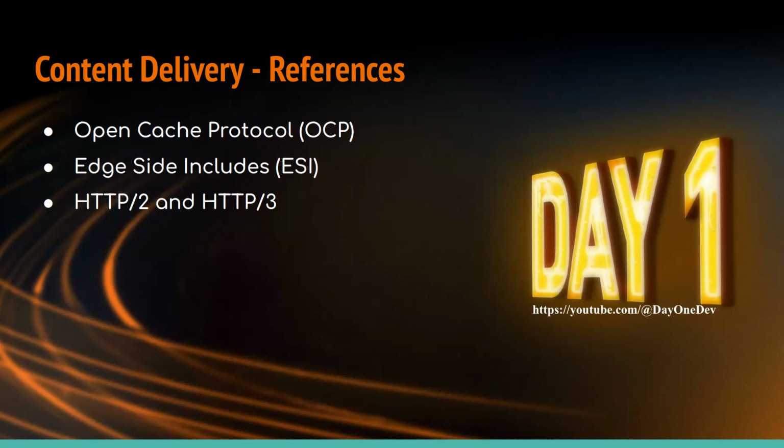The Open Caching protocol is a standard for interacting with CDNs, defining a request and response mechanism and caching control. Edge Side Includes, which is ESI, is a markup language for assembling web pages from fragments cached on CDN edge servers, enabling dynamic content delivery. As you know, HTTP/2 and HTTP/3 are newer versions of the HTTP protocol, and all CDNs support features like server push and multiplexing, improving CDN performance.